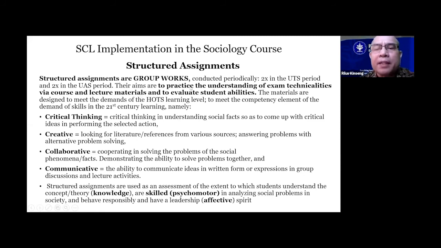Their aims are to practice the understanding of exam technicalities via course and lecture materials, and to evaluate student abilities, actually your ability to understand the material given in the course.